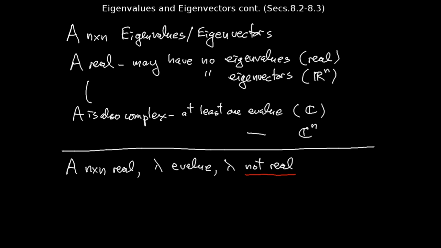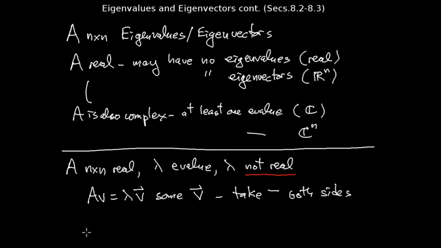Okay, then there's a sort of interesting thing which happens. Look at the fact that A has an eigenvalue of lambda, which says that AV is equal to lambda V for some vector V. And let's take the bar of both sides of this equation.